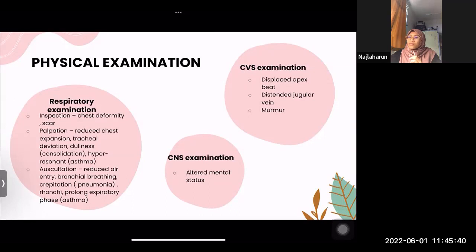Other than respiratory examination, we also need to do a cardiovascular examination to rule out cardiac causes. We expect to see a displaced apex beat, distended jugular vein, or any murmur. Last, central nervous system: check for altered mental status.